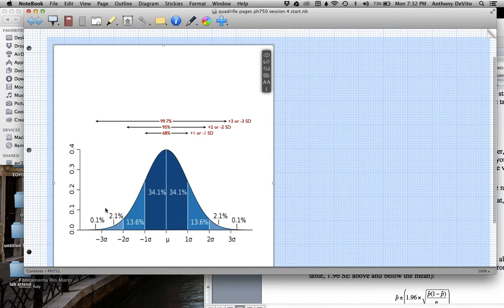What percentage of the outcomes or means does that represent? 95%. So we're 95% sure that we would get a sample result from that population that is within that distance of the real population mean, which we often will never know, right?